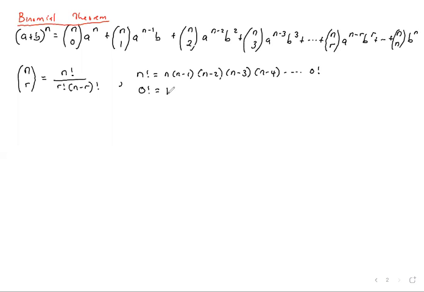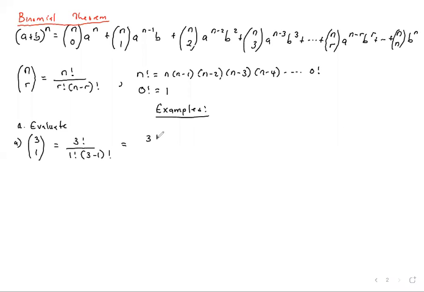So let's have nice examples of the factorials. Evaluate 3 choose 1. We will get 3 factorial, since 3 is our n, over 1 factorial, our r, times 3 minus 1 factorial.